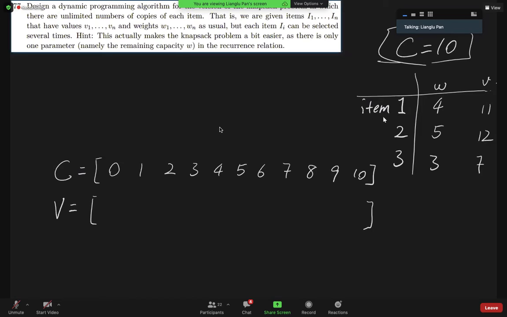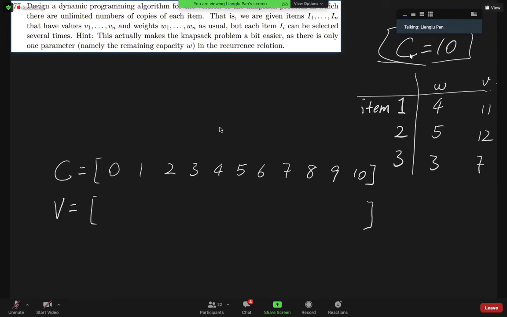Then for the remaining capacity, we can consider if item 2 is loaded 0 times, 1 time, 2 times until we reach the capacity. And then for the remaining capacity, we consider item 3. This brute force approach will give us a correct solution, but I think the complexity would be exponential as well.